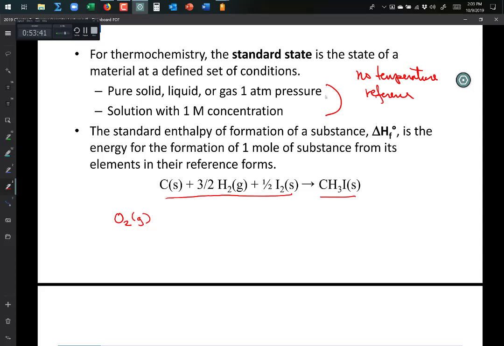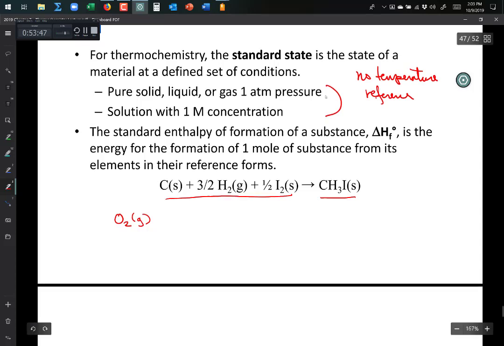Yeah, it's actually the simplest, most stable form of oxygen in our atmosphere. They could have used this too, but they didn't. That's ozone. And together these are known as the allotropes of oxygen. I'm telling you this word because it's important that you know this definition. They pick one of the allotropes of an element to be the reference form. And for O2 gas, they say delta H of formation is equal to 0.